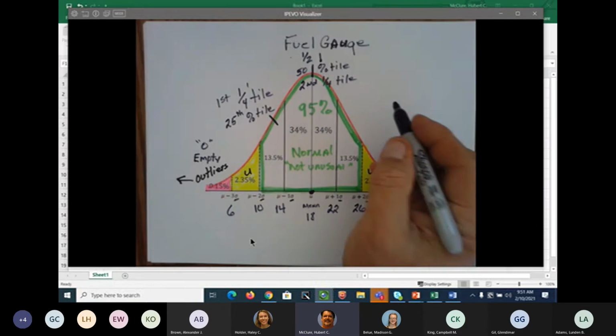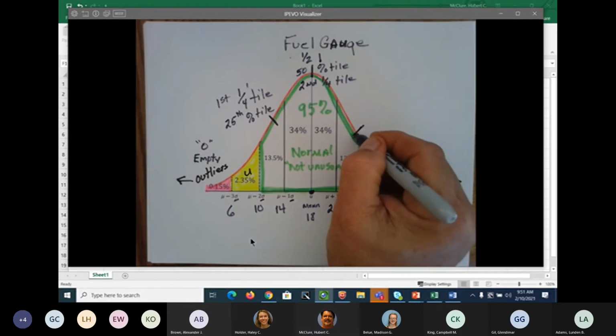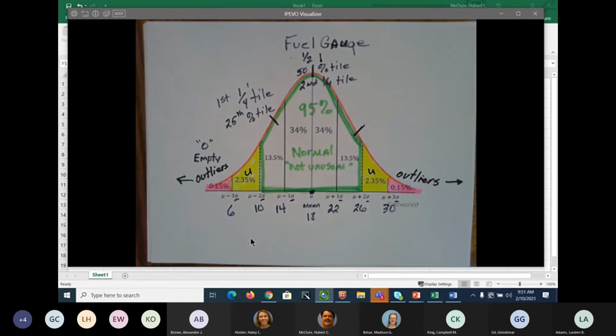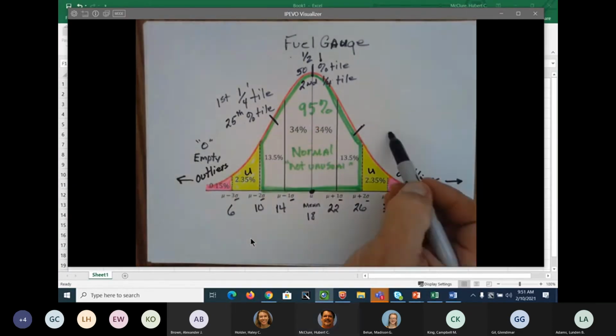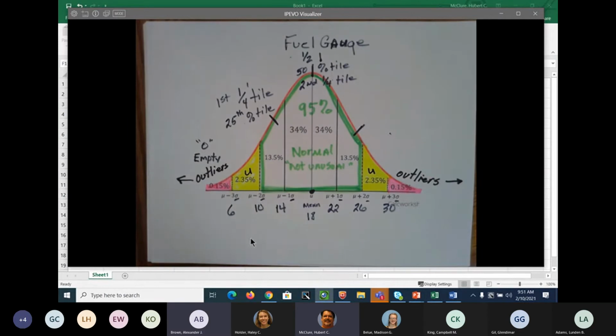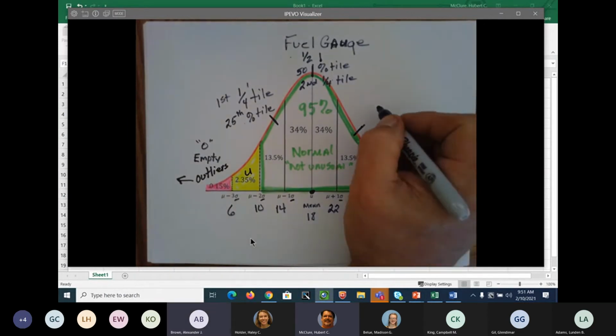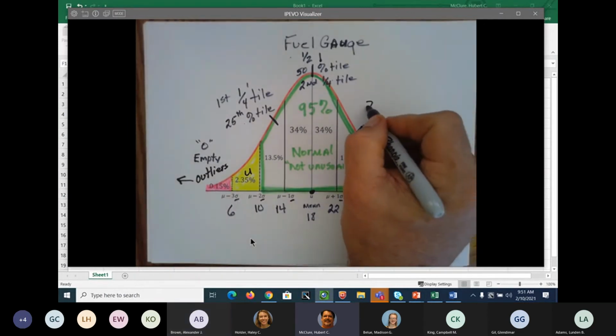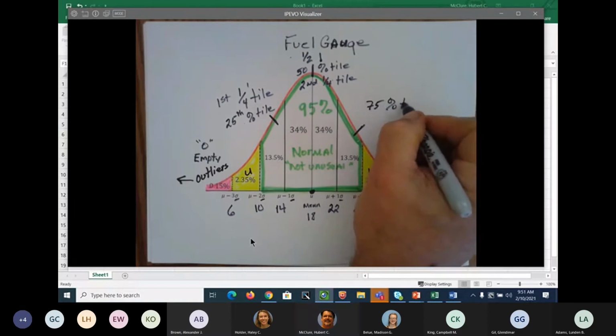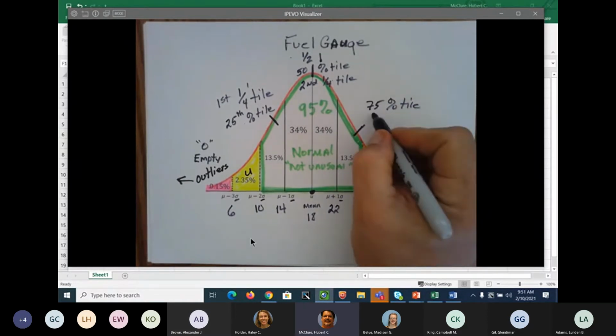All right, what does this represent right here? Come on, y'all, follow the pattern. 3/4 of a tank. Okay, 3/4 of a tank, which is the 75th percentile. And what?